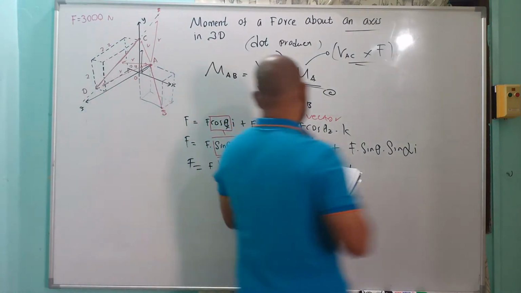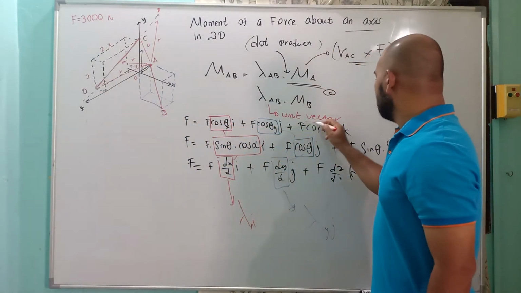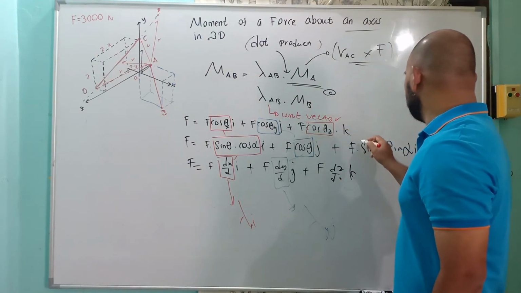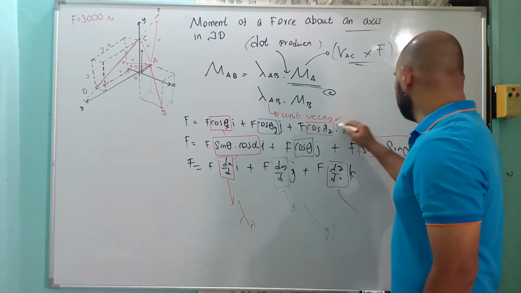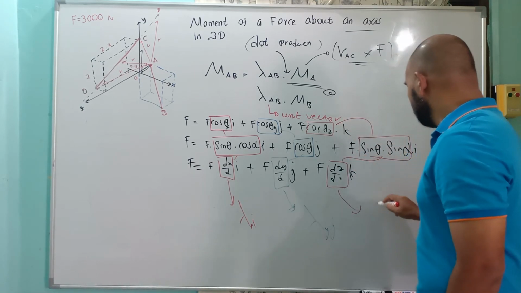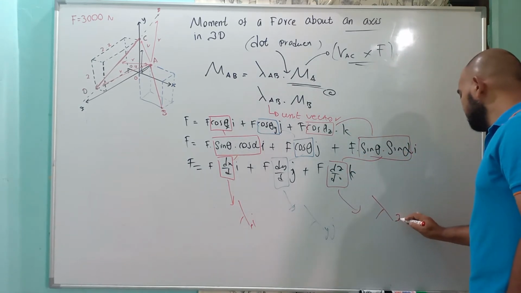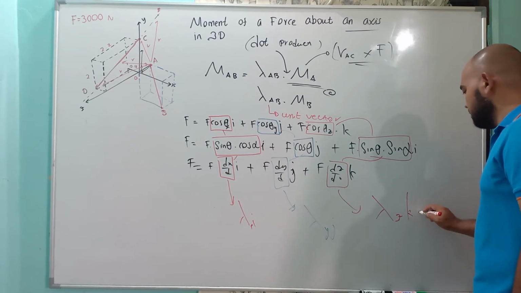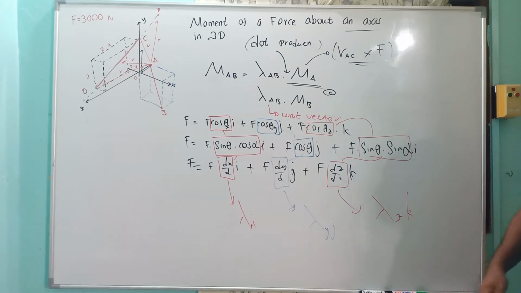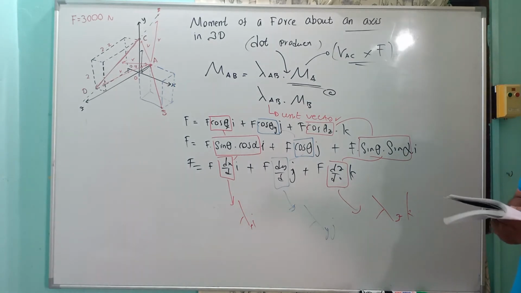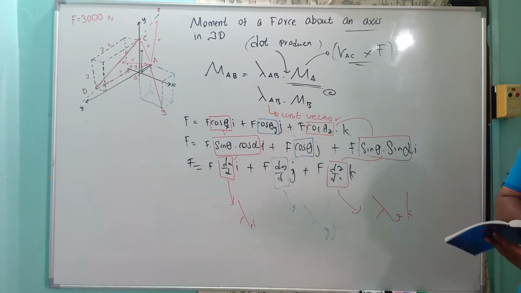The last one here we have cos theta z, and this is lambda z k. So actually this is the lambda, the unit vector.